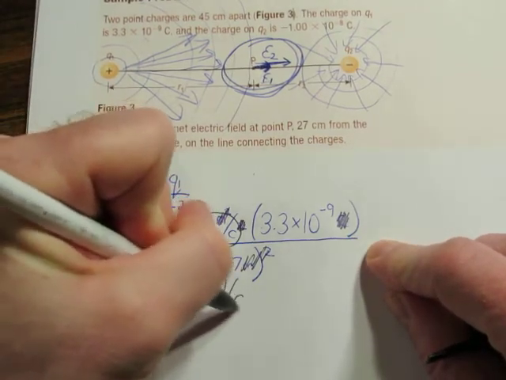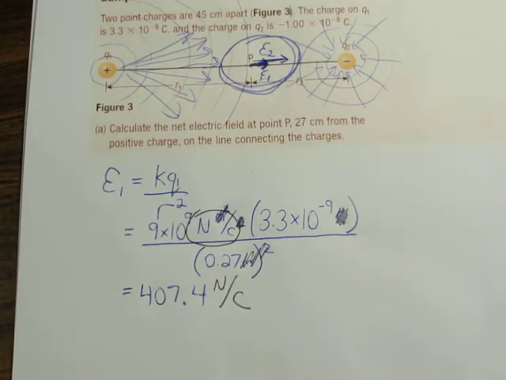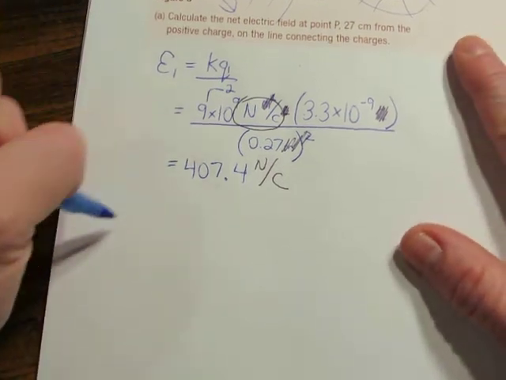Newtons per coulomb, which sounds very much like a gravitational field, which was newtons per kilogram. So this means there's 407.4 newtons of force on every coulomb of charge that might wander its way in and sit right on that position P. So that's just a single value. Let's do the other one.